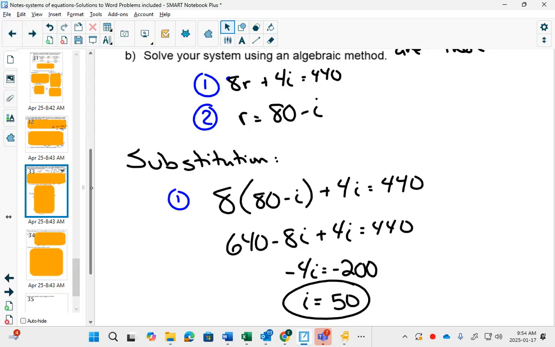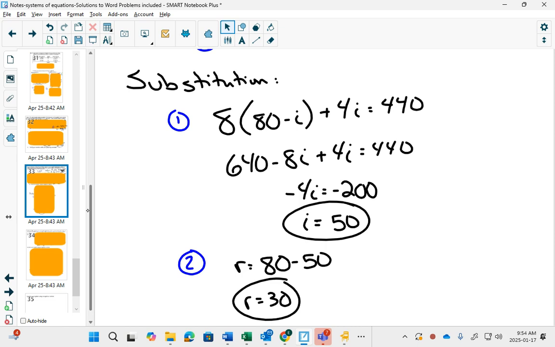And notice how I continue to number my equations. If I got a variable by itself in equation 2, I had to substitute that into the other equation. And we get our answers from there.